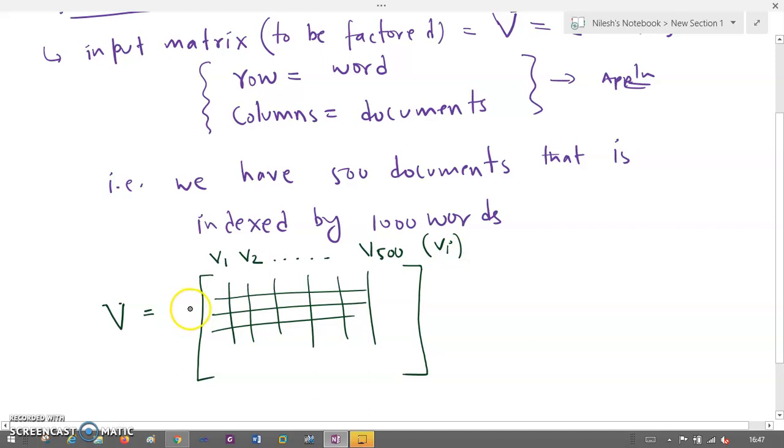So we have 500. So here the small v represents, by the way, a document. And why document? Because the column here, you can see the column represents document, and if I'm indexing with small v, then this small v represents here nothing but a document.